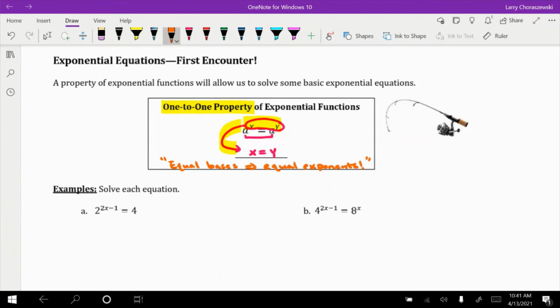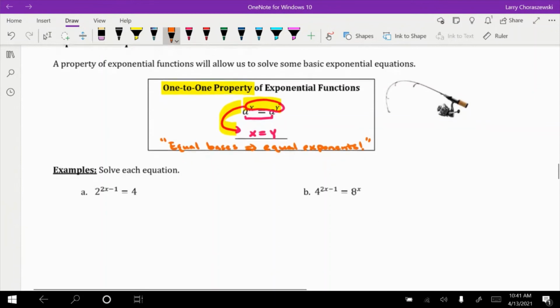So when we solve these, we want to rewrite each equation so that it's one base raised to a power, and on the other side, the same base raised to a different power. Then we jump to a secondary equation where we set the exponents equal, and that allows us to solve for the variable.